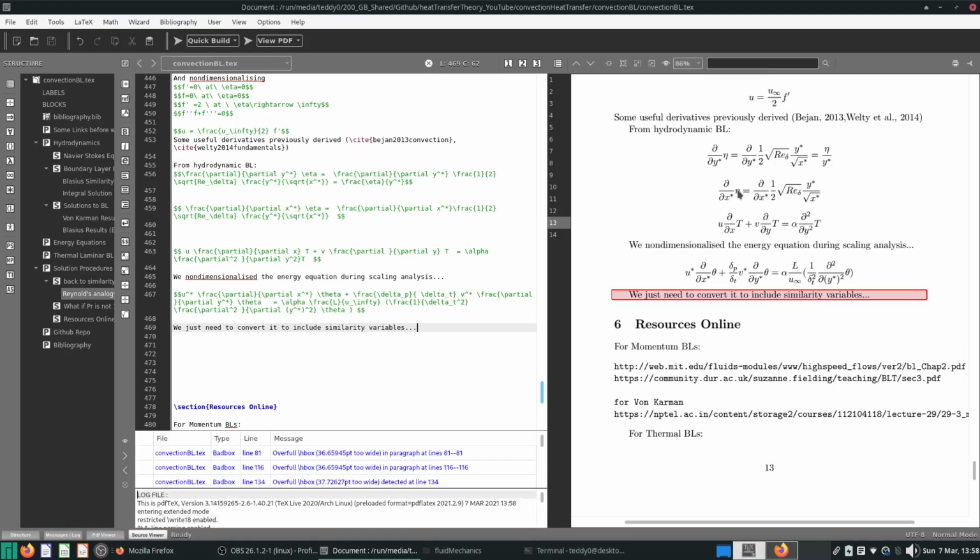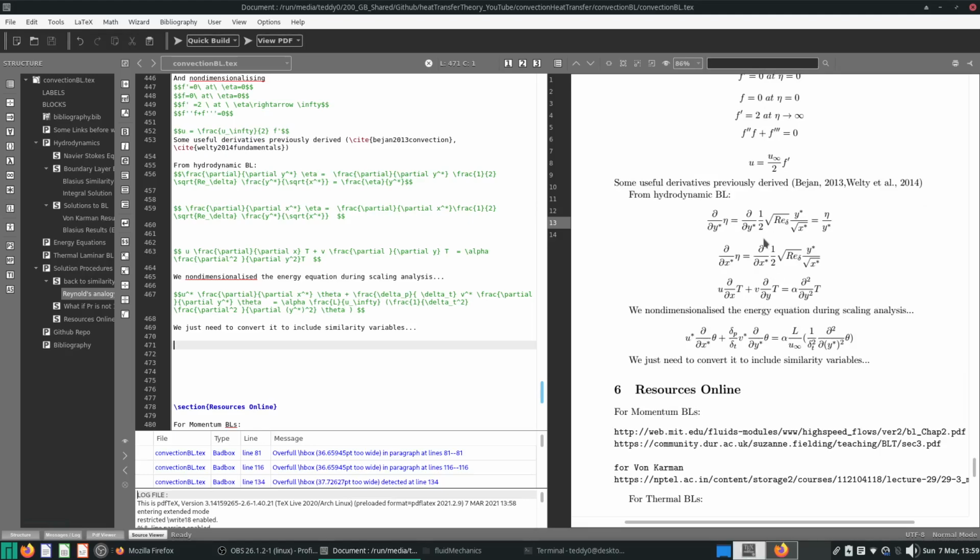Eta will be the similarity variable of choice. Of course, the derivative of eta is going to be slightly different now, because the way we define eta is going to be slightly different.